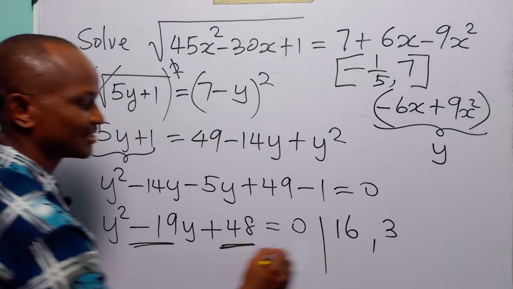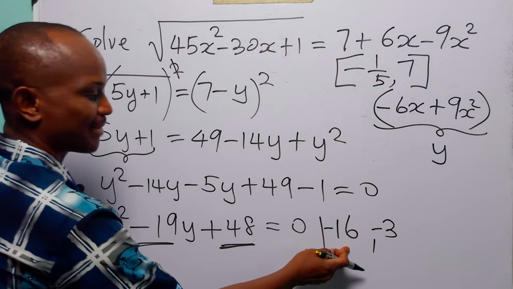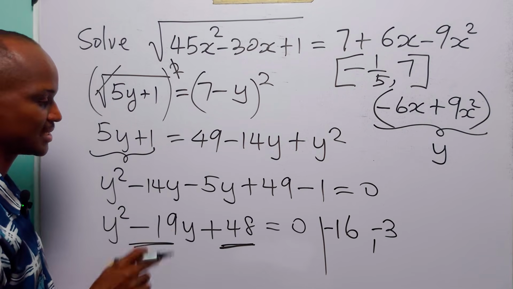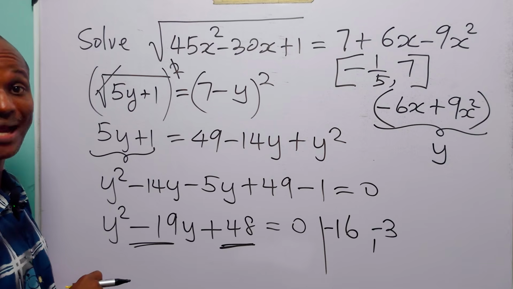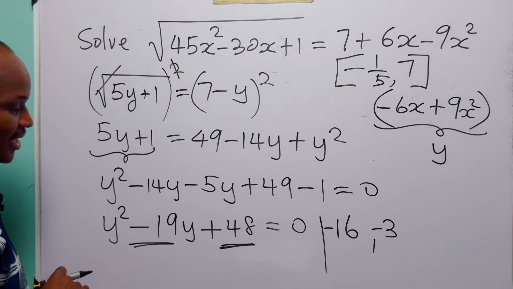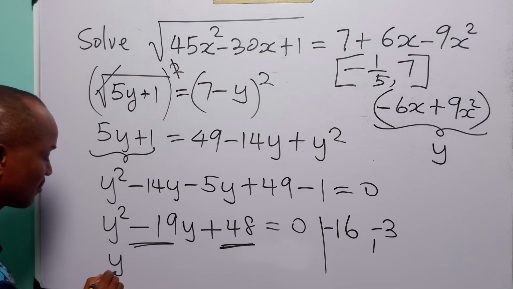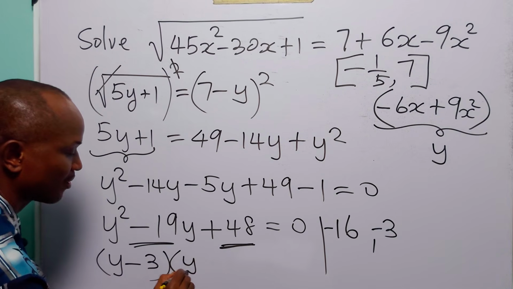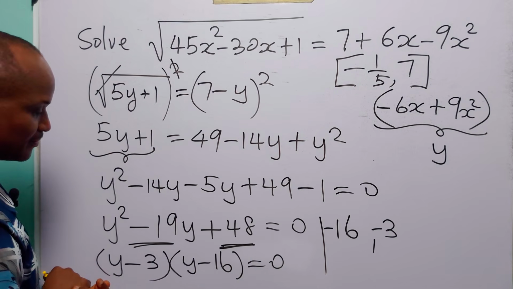Now, this is negative, so we have minus 16 and minus 3. Because minus 16 times minus 3 is going to give us plus 48, while minus 16 minus 3 is going to give us minus 19. So we can factorize this left-hand side as y minus 3 multiplied by y minus 16 is equal to 0.